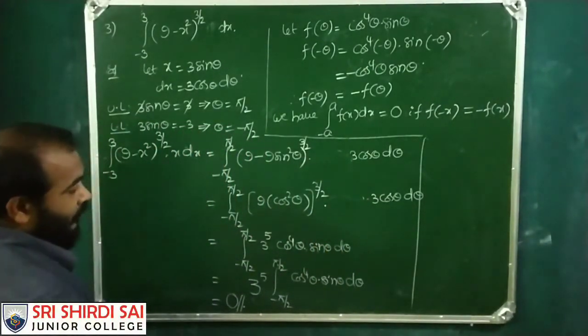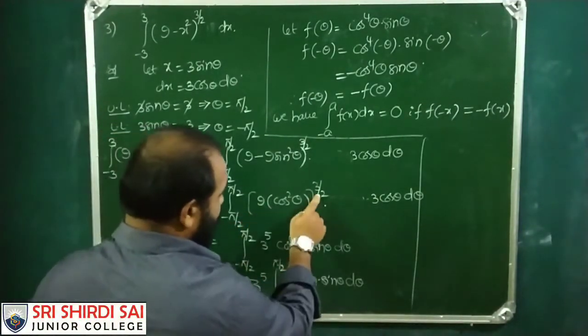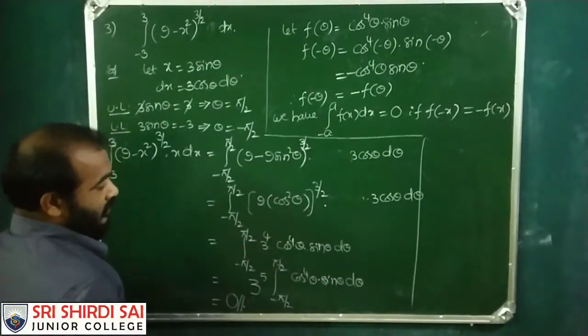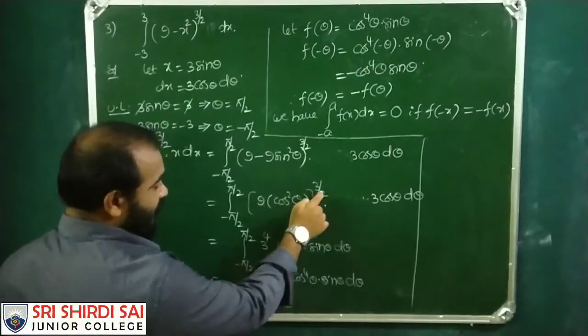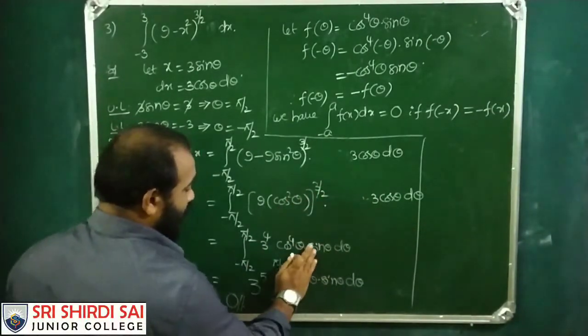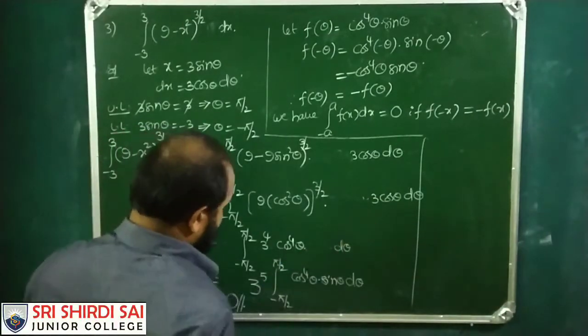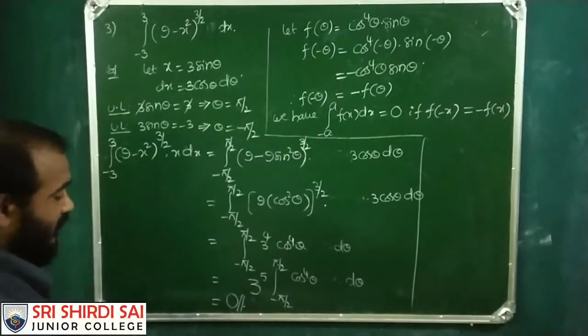So then we will be getting 9 is 3 square. So 3 cube into 3. This is 3 power 4 only. And this is (cos square theta) whole cube. The square root gets cancelled. Cos cube theta into cos theta, cos power 4 theta into d theta. So this is cos power 4 theta d theta.